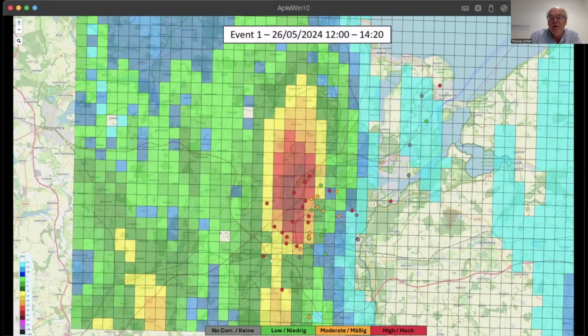And so here you can see that we have good correlation in this area, while we have relatively bad correlation along these outer parts where we have less rainfall on the one hand, but where we are also on the side of the event. And we still need to analyze whether this is also connected with the travel speed and direction of the rainfall cell.